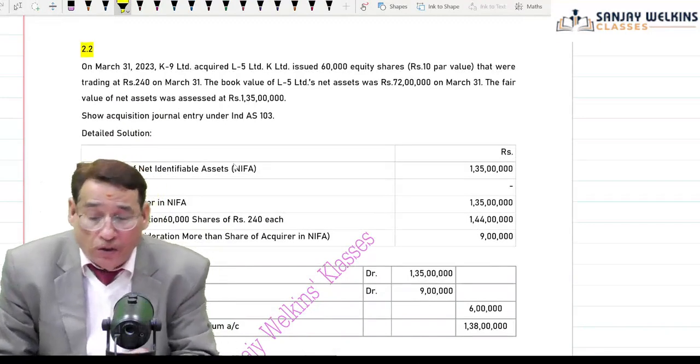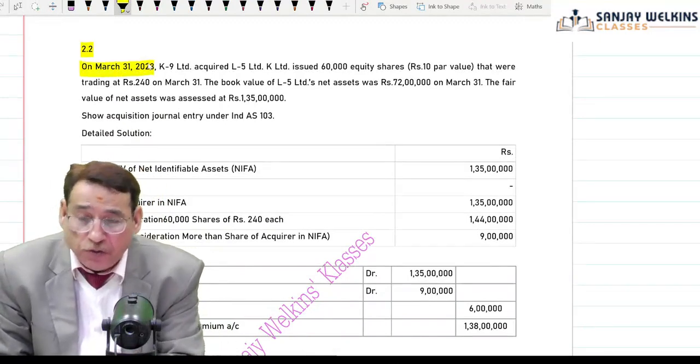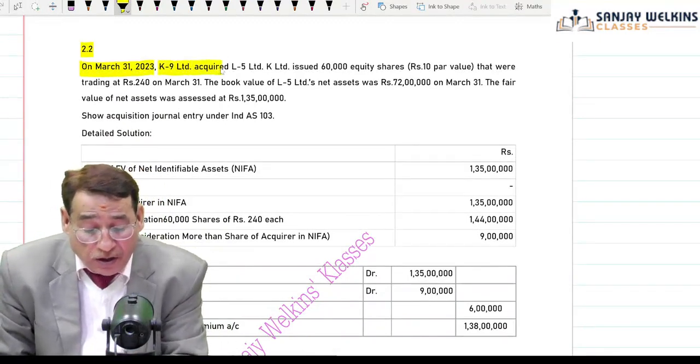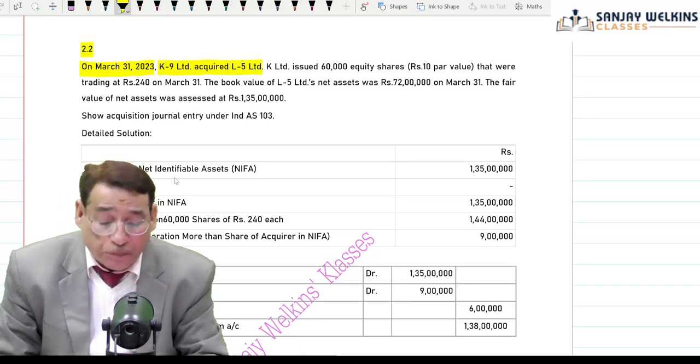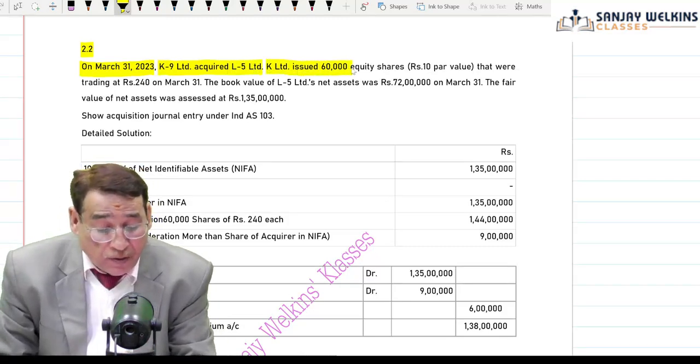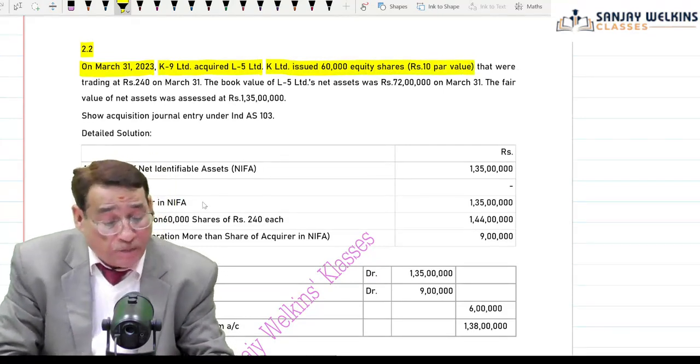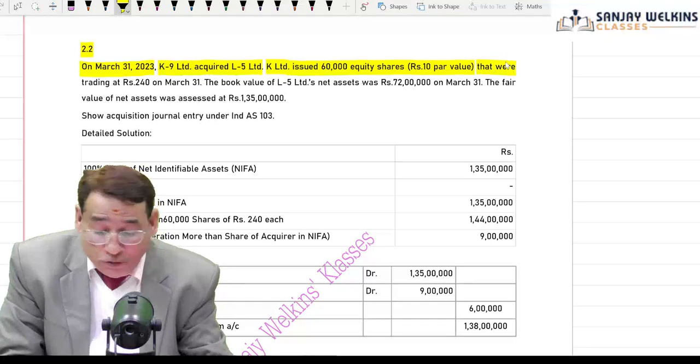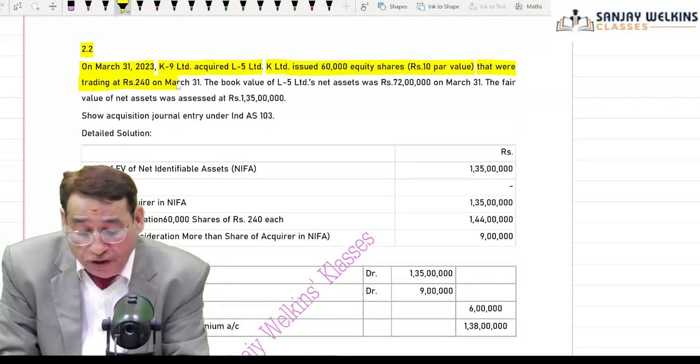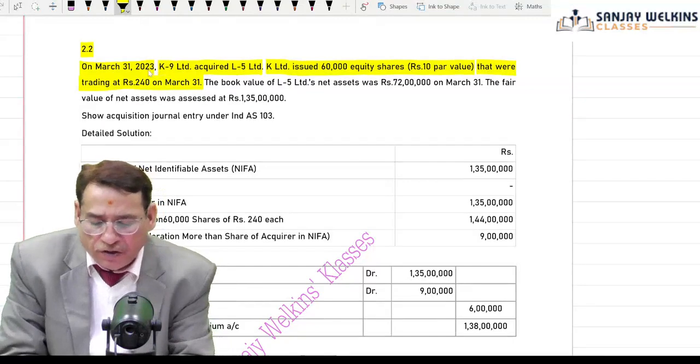2.2. On 31st of March 2023, K9 Limited acquired L5 Limited. And here it is written that K9 Limited issued 60,000 shares of 10 each at par value, and further it is given that they were trading at 240 on 31st of March 2023.